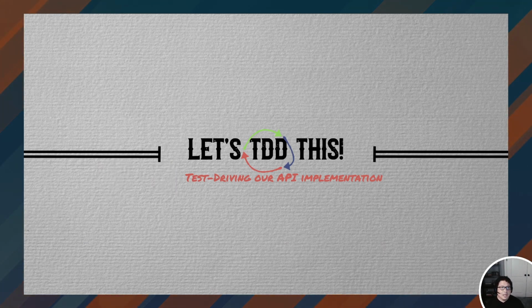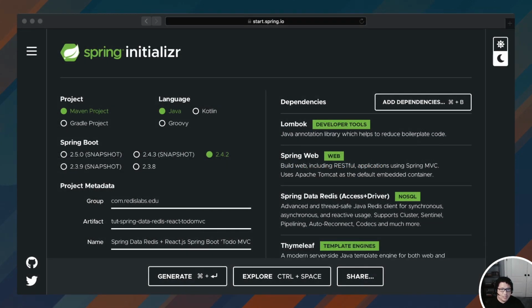All right, before we get started, I'm going to switch back to our Safari browser and rerun the tests for our application, so we again start with a clean base.